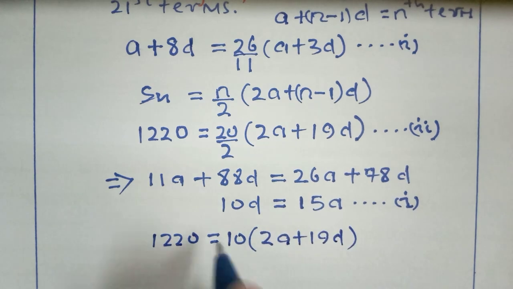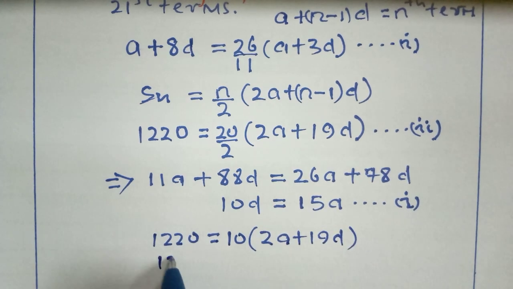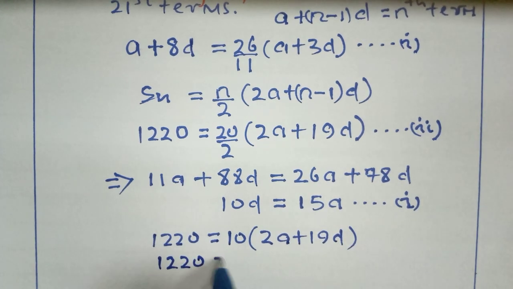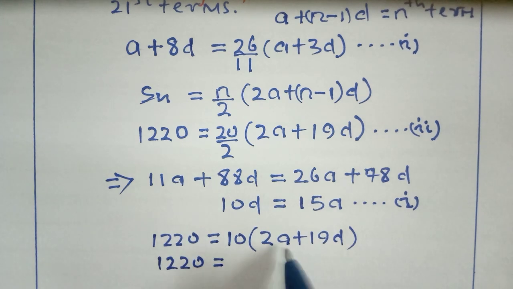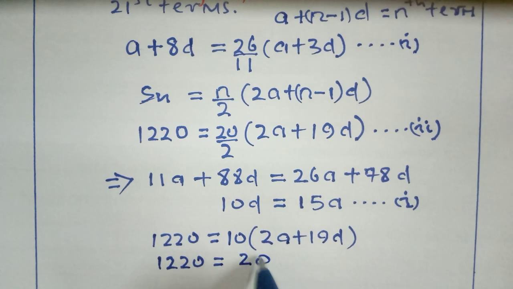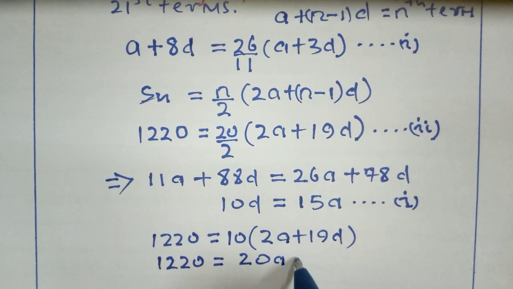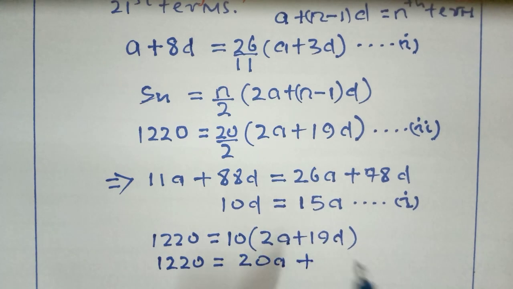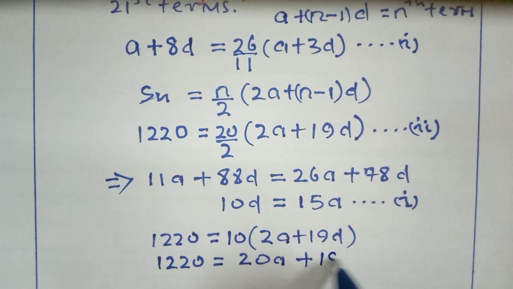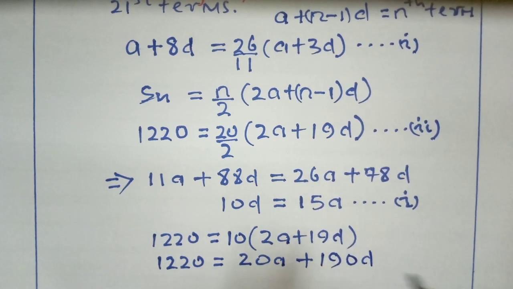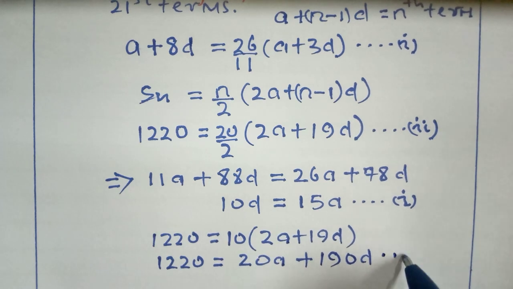So now we shall have 1220 equal to 10 times 2, which is 20a, plus 10 times 19, which is 190d. So this is now our second equation, guys.